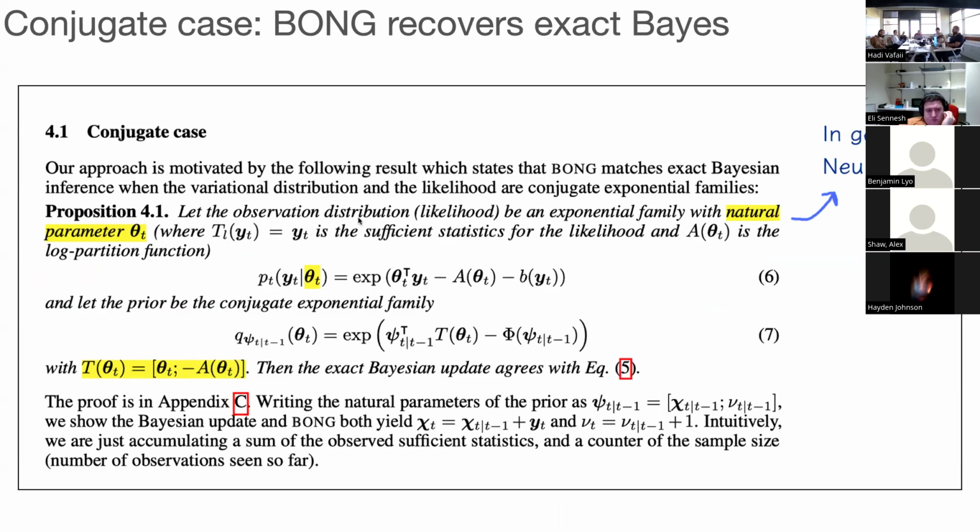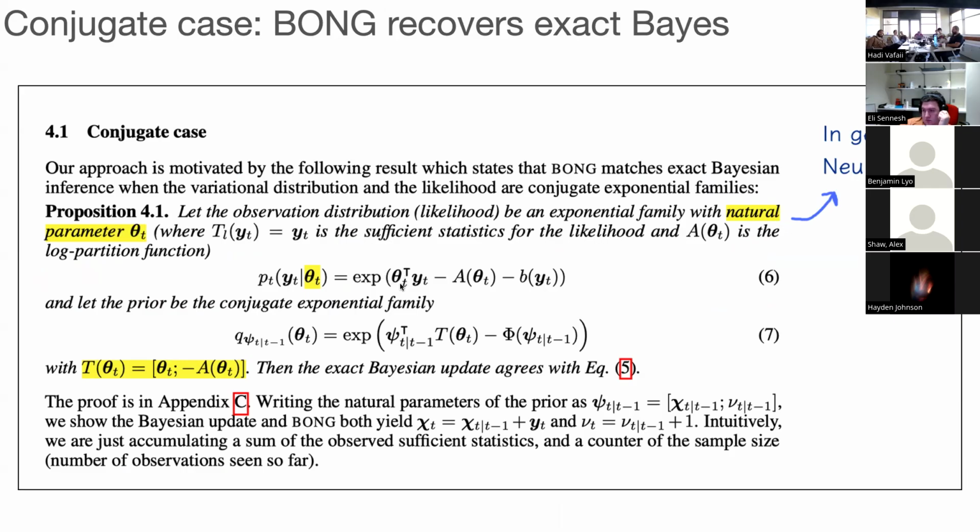First of all, the observation distribution likelihood is an exponential family with natural parameters theta. That's equation 6: P of data labels y given your neural network parameters is the exponential family.